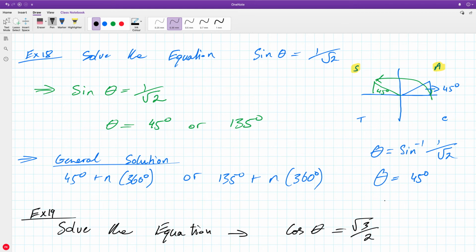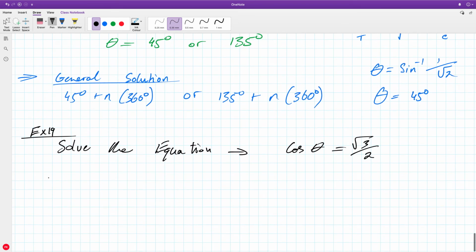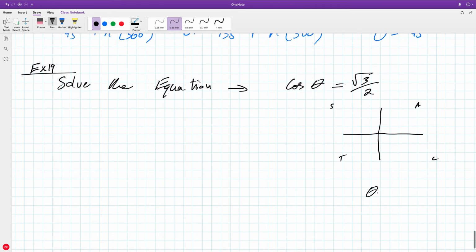Right, we have a little look at it. So, our unit circle, C, A, S, T, theta is equal to the cos inverse of root 3 over 2. Theta is equal to 30 degrees.